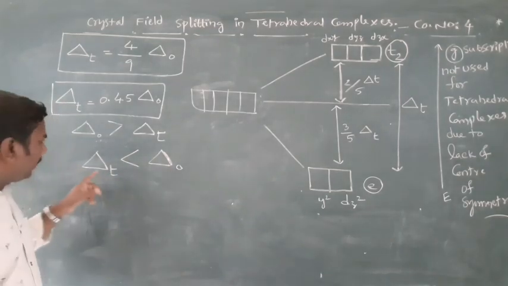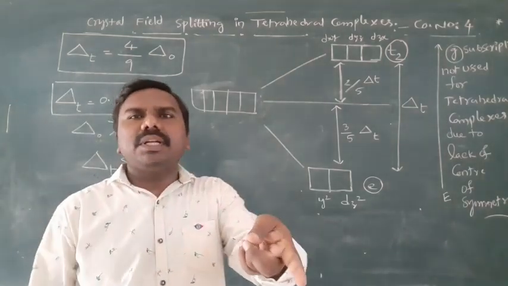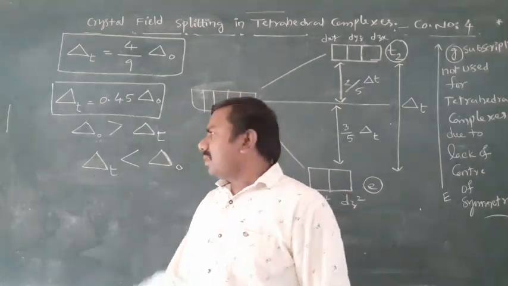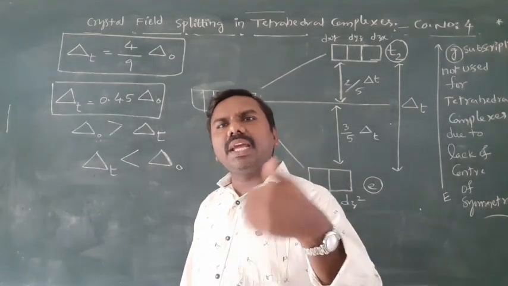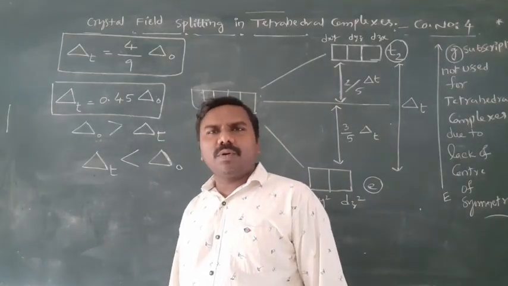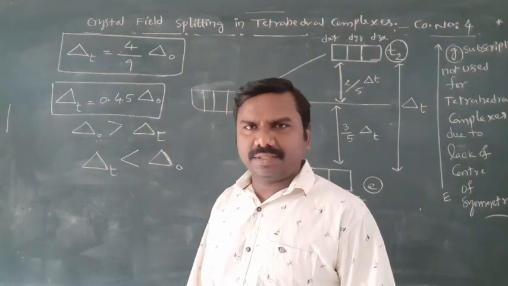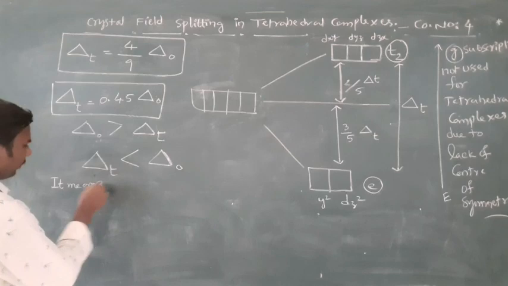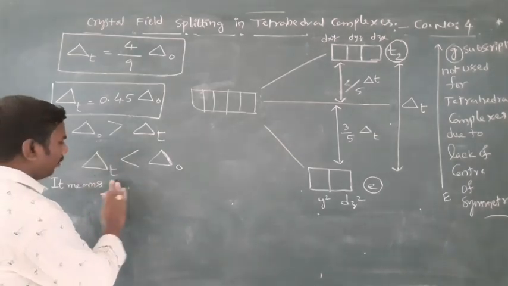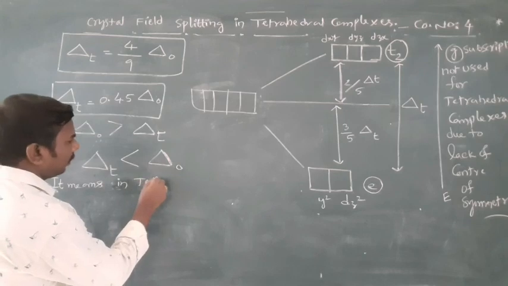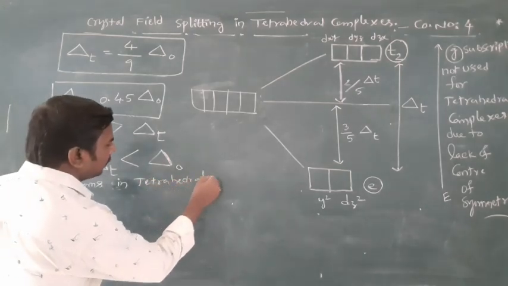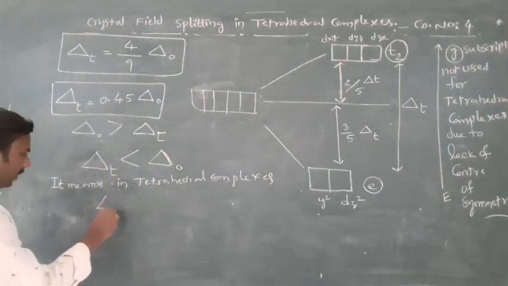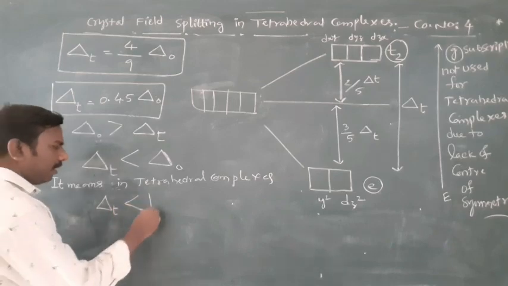Splitting energy less means the opposite one is the pairing energy. P we have discussed in the last video. So splitting energy less, obviously pairing energy more. Splitting energy more, obviously pairing energy will be less. Then in tetrahedral complexes, splitting energy is less than which energy?